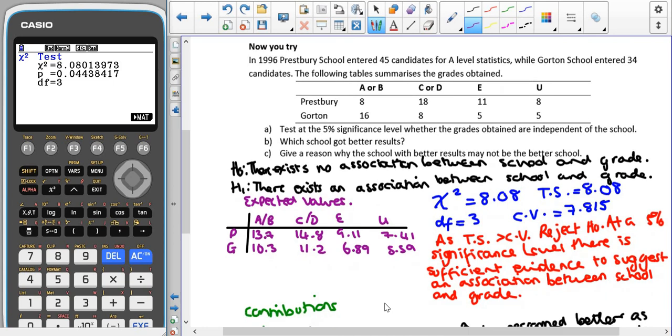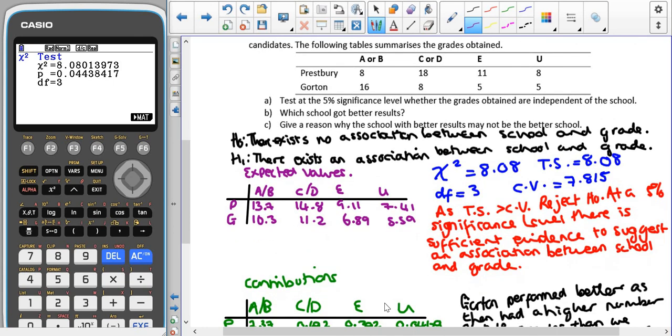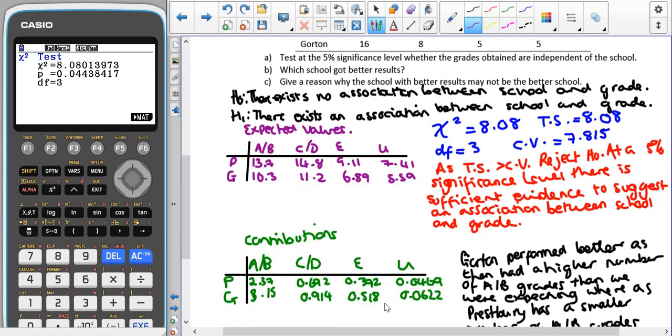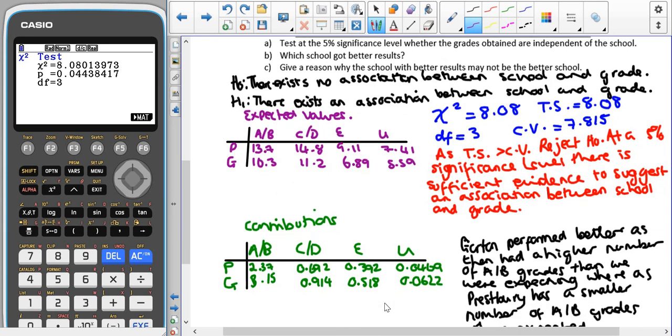So then, for the next bit, which school did better, got better results? Well, for this one, I did have a look at my contributions just to check which values were the biggest contributors to our chi-squared statistic. Now, if you did this bit first and then worked out your chi-squared value, it might have come out slightly different.